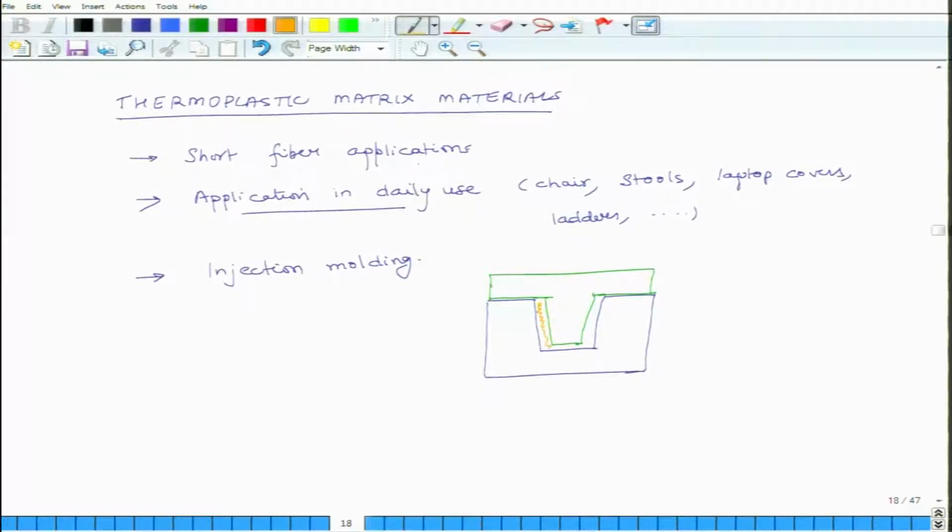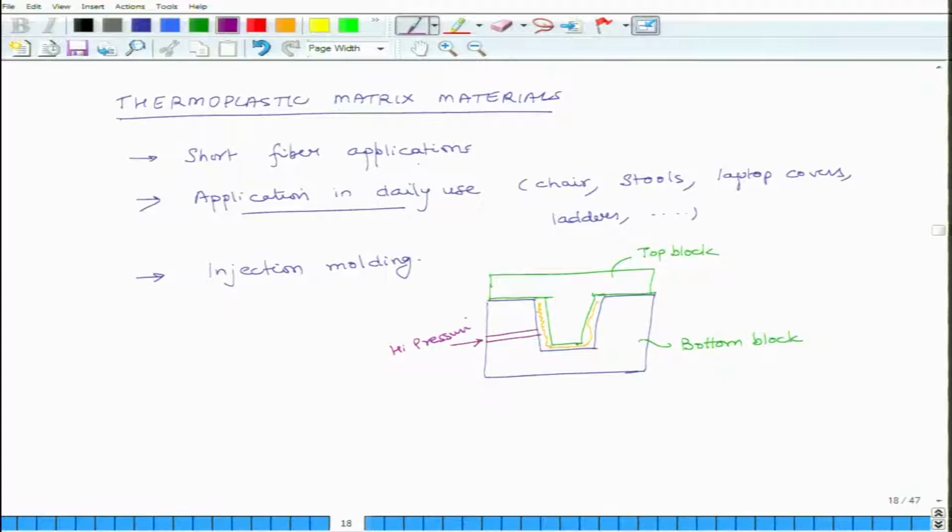You have one block of steel, top block, you have bottom block, and I am giving you some basic idea, not the detailed description, and you have a cavity, and in this cavity you inject this plastic through some hole.